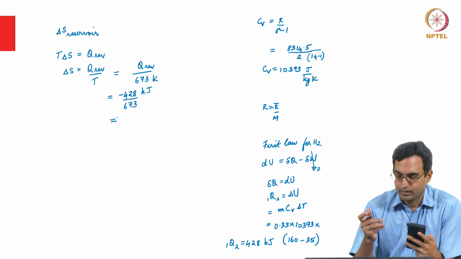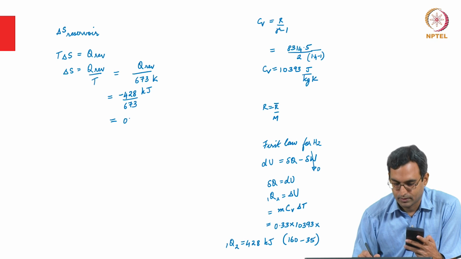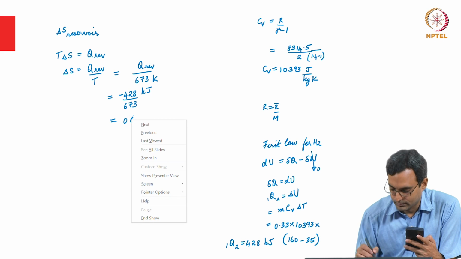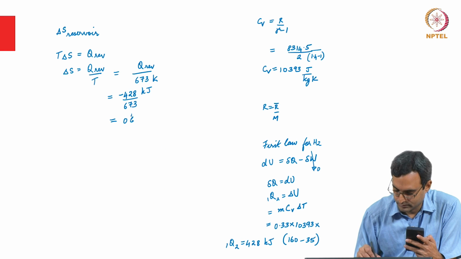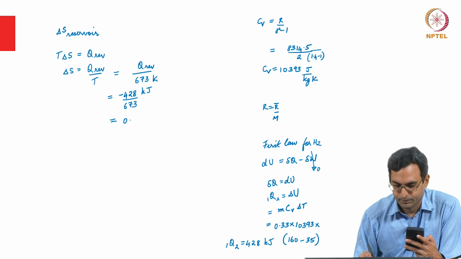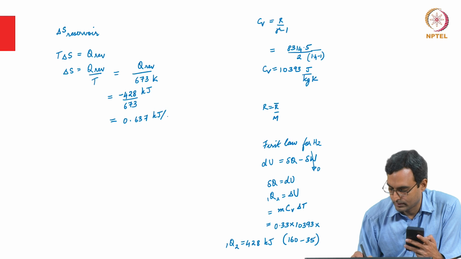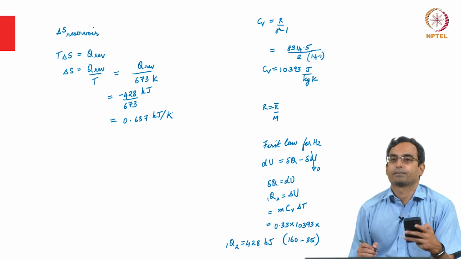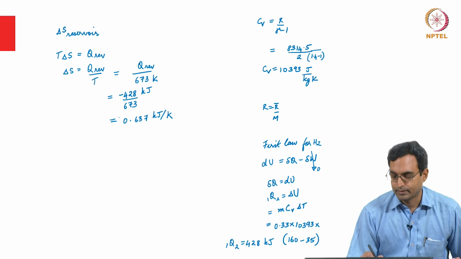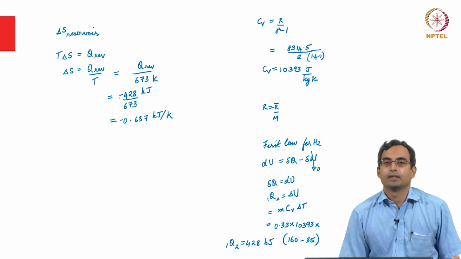Which gives me a value of 0.637 kilojoule per Kelvin with a minus sign in front because this minus sign is there on top.